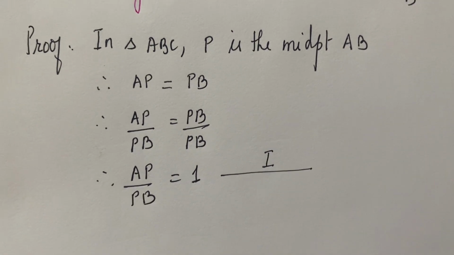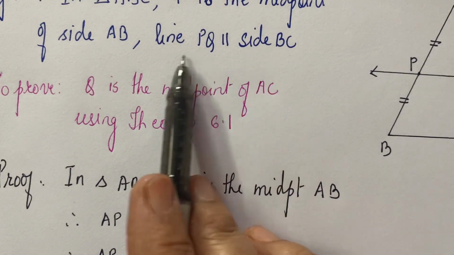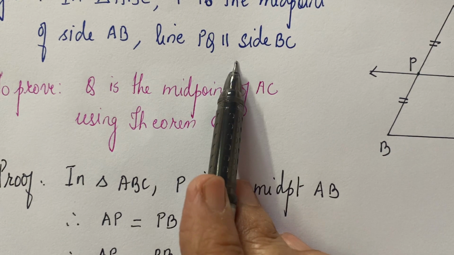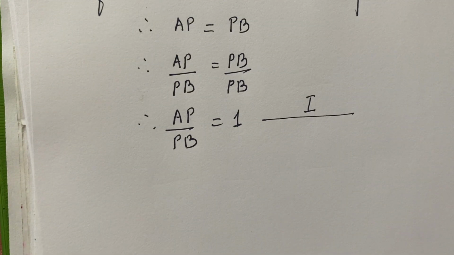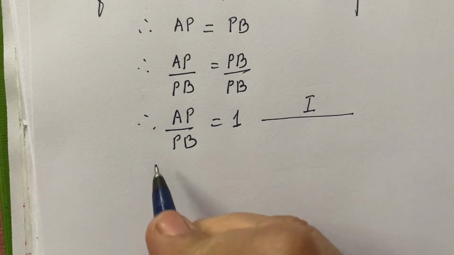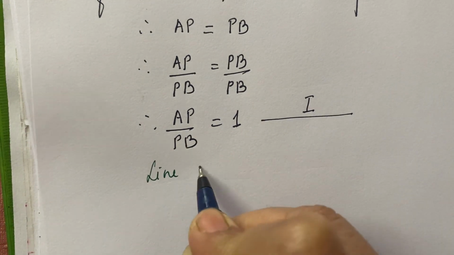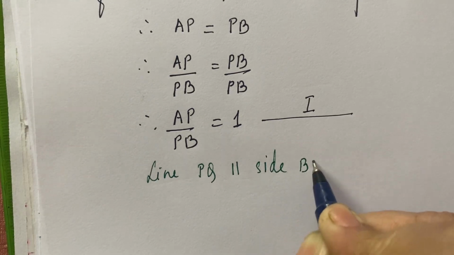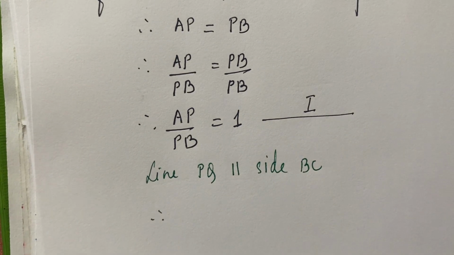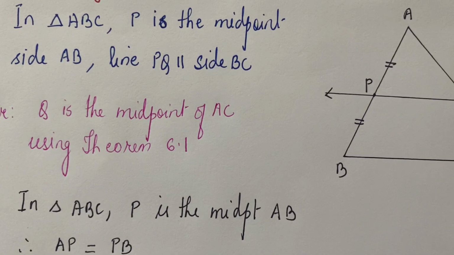Now what else are we given? This line PQ is parallel to side BC. Therefore, now what are we going to do? We are going to apply the basic proportionality theorem.